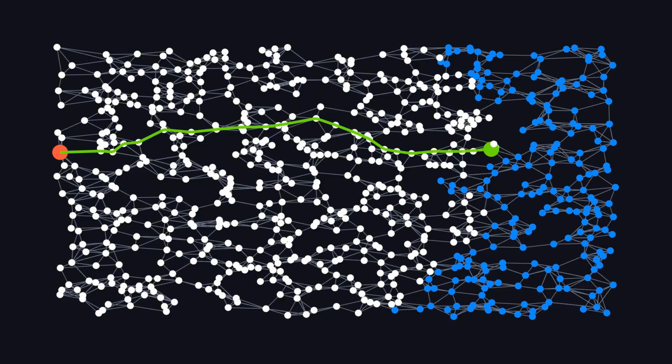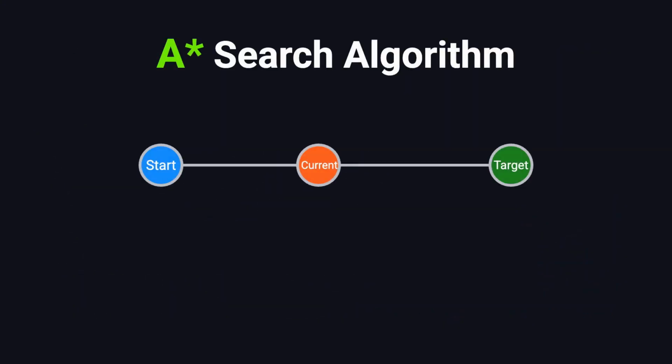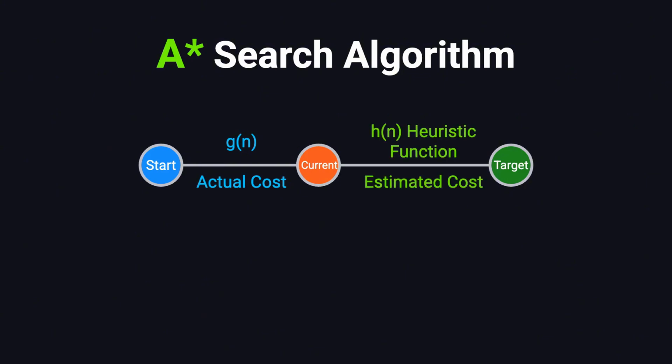That's where A* comes in. A* builds on Dijkstra, but adds one powerful idea, a heuristic, or in simple terms, a smart guess. Instead of just looking at how far it has traveled so far, A* also tries to estimate how much further it still needs to go. This estimated cost is called the heuristic function, usually written as h(n).